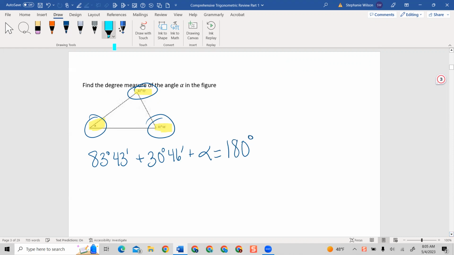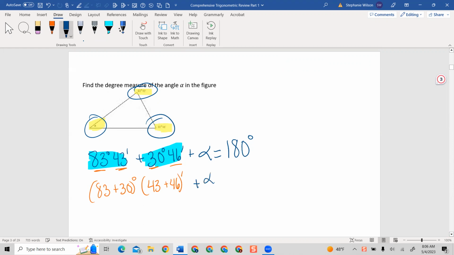Guys, in order to add or subtract, you have to have like terms. If you notice, we have a degree, and we have a minute and a minute. So these are like terms. We can put them together. So I got 83 plus 30, and that's going to be degrees. I got 43 plus 46, and that's going to be minutes.